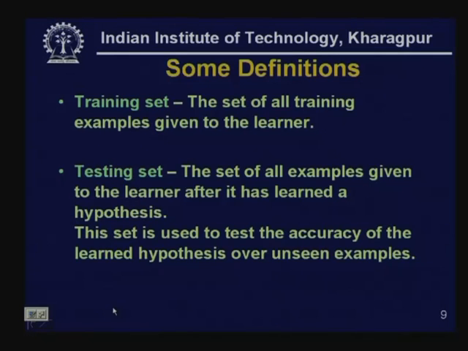Now, let us review some more definitions. A training set is the set of all training examples that are given to the learner, and on the basis of the training set, the learner forms the hypothesis. After this hypothesis is formed, it has to be evaluated.